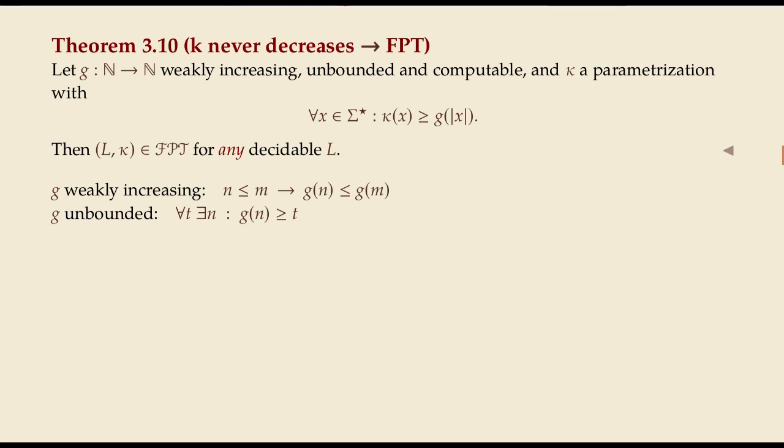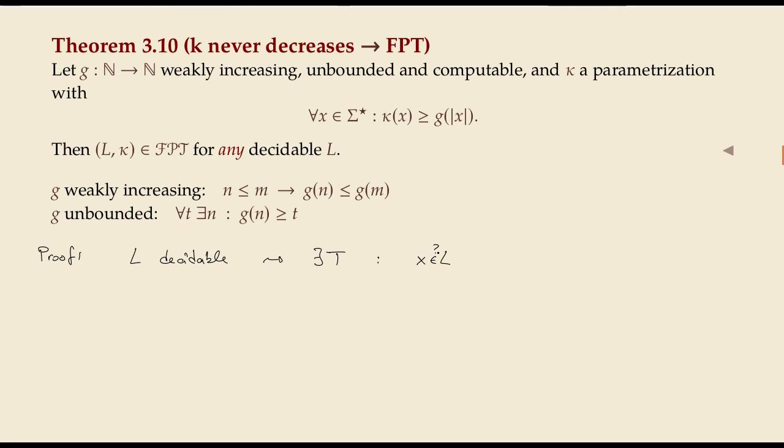So let's quickly give a proof before we discuss the consequences further. We assume that L is decidable. That means we have some algorithm that decides this language, and that means there's a function bounding the running time of this algorithm.